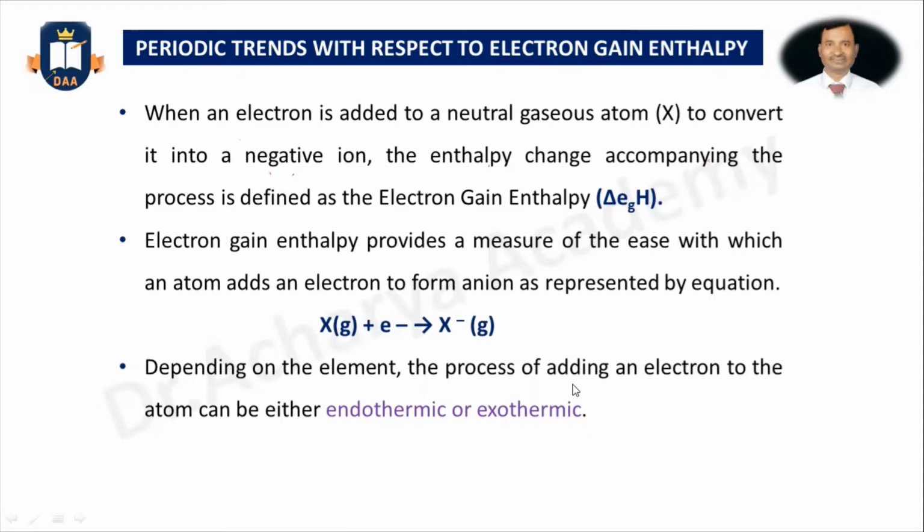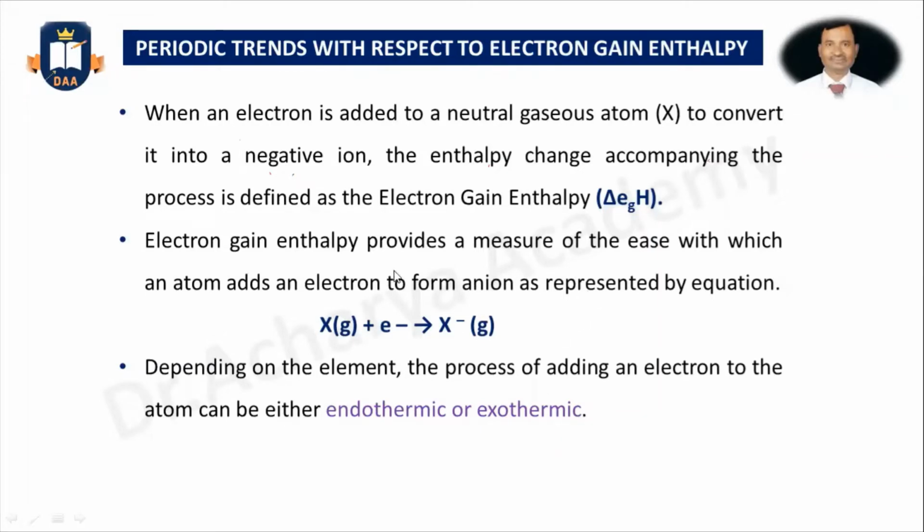The process of adding an electron to the atom can be either endothermic or exothermic. Endothermic means the reaction is taking energy, and exothermic means the reaction is releasing energy. Regarding endothermic and exothermic, we'll learn in detail in the thermodynamics chapter.